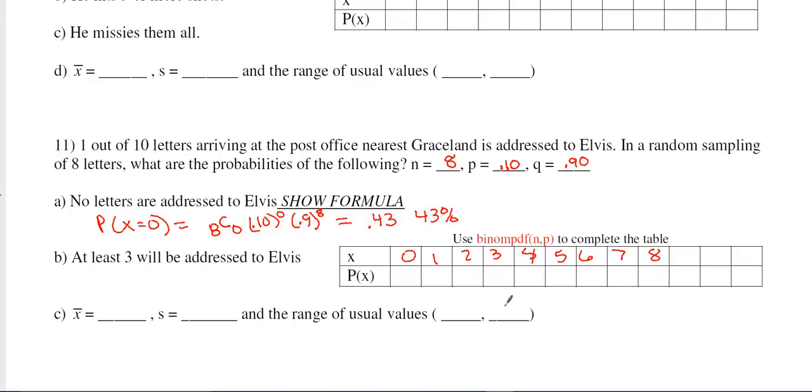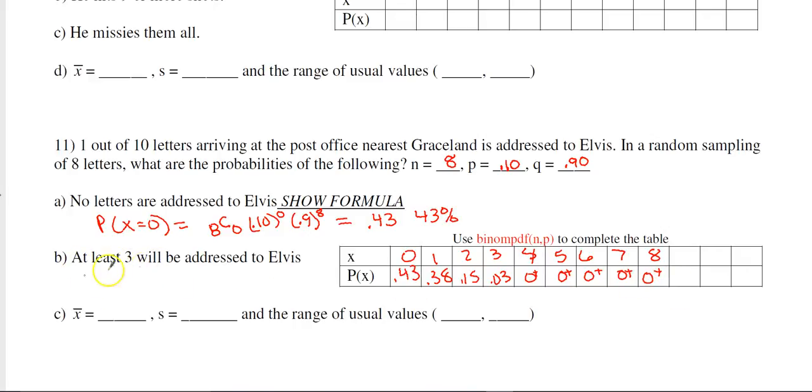Store it in list 1, and we get 0.43, 0.38, 0.15, 0.03, and then 0 plus, 0 plus, 0 plus, 0 plus, 0 plus.